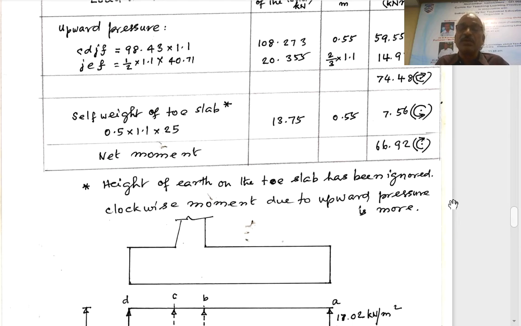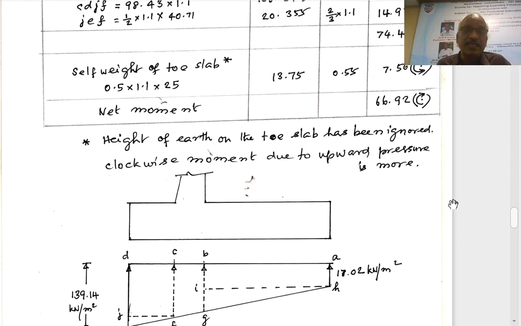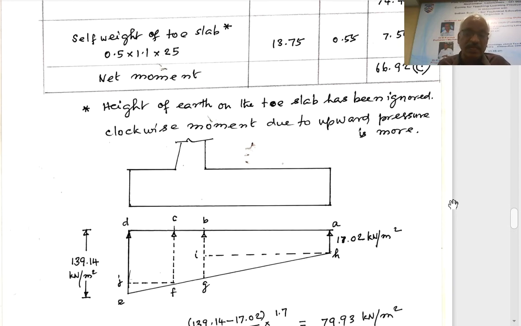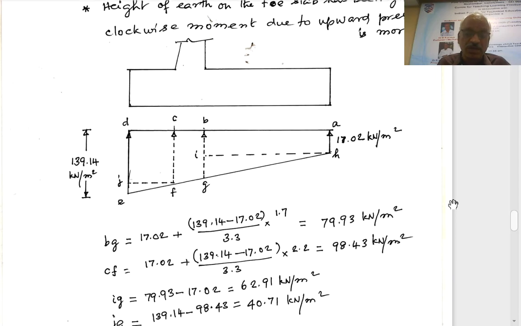So that causes a moment. It is an upward force. The point C is to the right, so this will cause a clockwise moment. Then, that is about the rectangle CDJF. Next is that of the triangle JEF. So it is half into 1.1 into 40.71. JE at the bottom is given as 40.71.